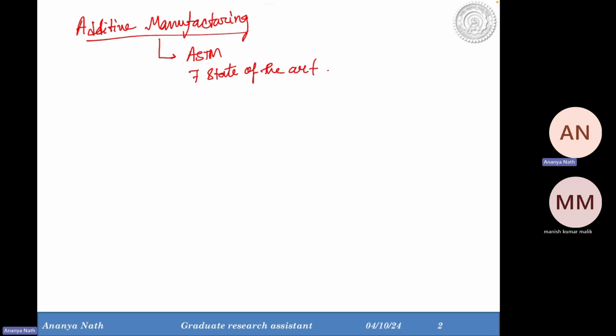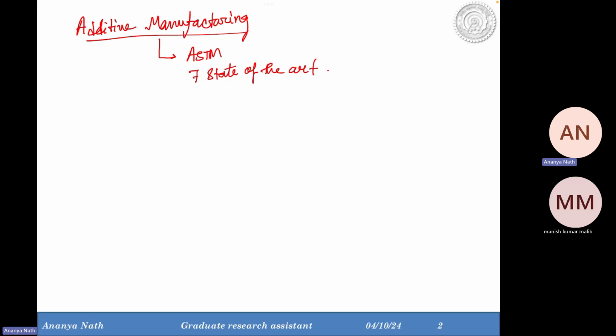Now we are going to talk about powder bed fusion, where powder is the raw material, but a laser beam or electron beam can be used as an energy source.